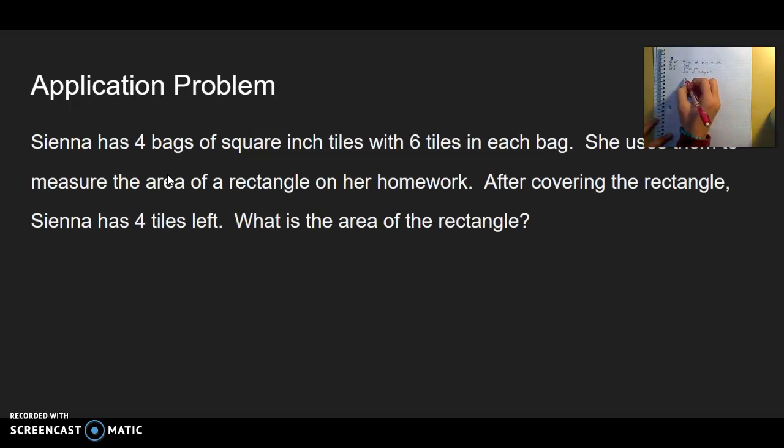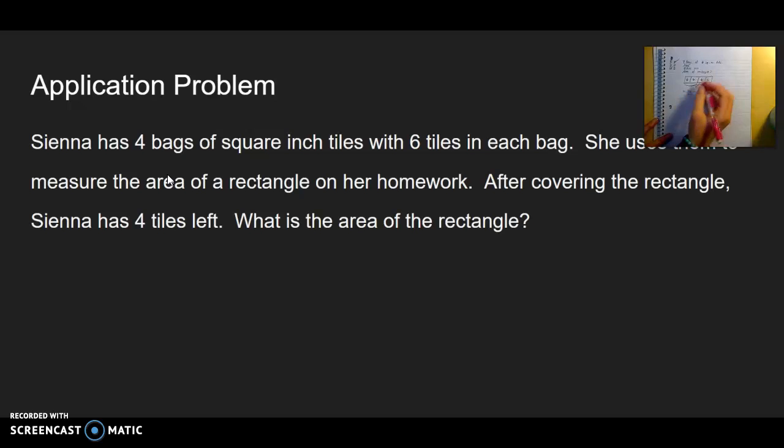I'm going to do this by drawing a tape diagram. I know she has 4 bags, so I'm going to make 4 boxes. Each bag has 6. So now I'm going to say that this is N, and N is the number of tiles.